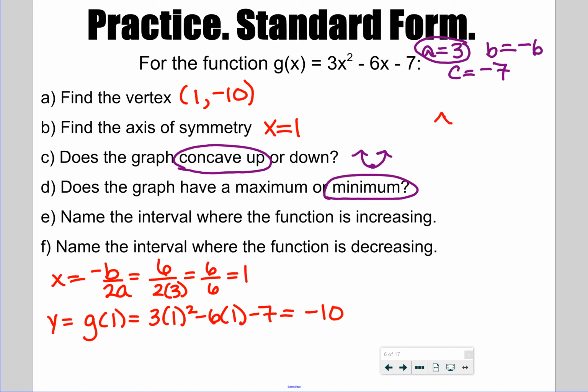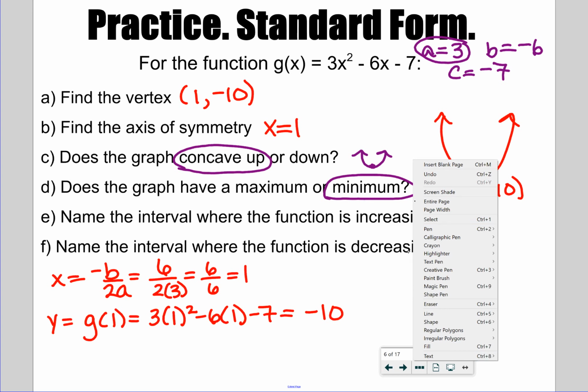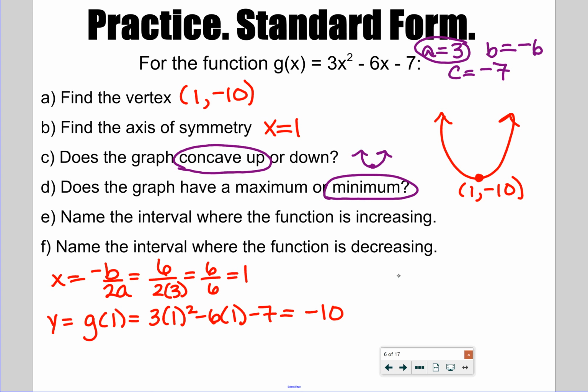So let's take that sketch we had a second ago and make it a little bit better. We know we're going up, we know there's a minimum, and we know what that minimum is now. It's the point 1, -10. So we can use that to help us figure out where we're increasing or decreasing. As we read this graph from left to right, it is decreasing on the left and increasing on the right.